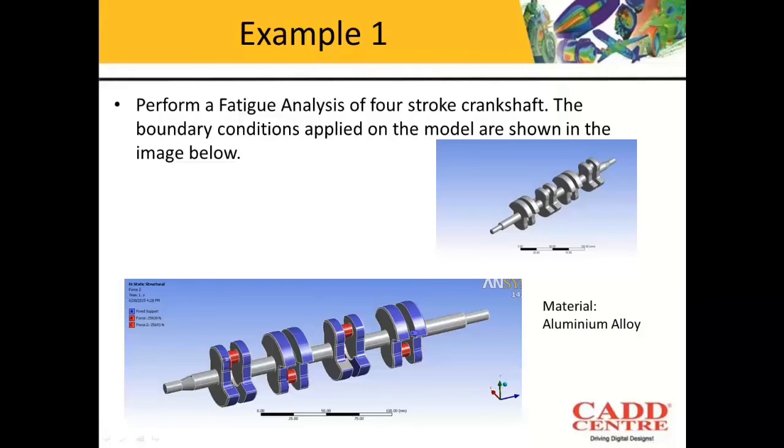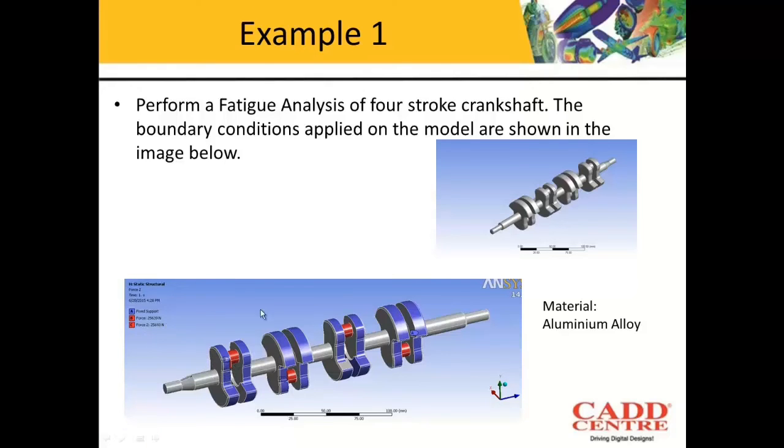Now we are going to solve the problem for fatigue analysis. Okay. So we are going to take an example of a 4-stroke crankshaft. Now this 4-stroke crankshaft is subjected to loads at these pins. Okay, the load value is 25,639 newtons.